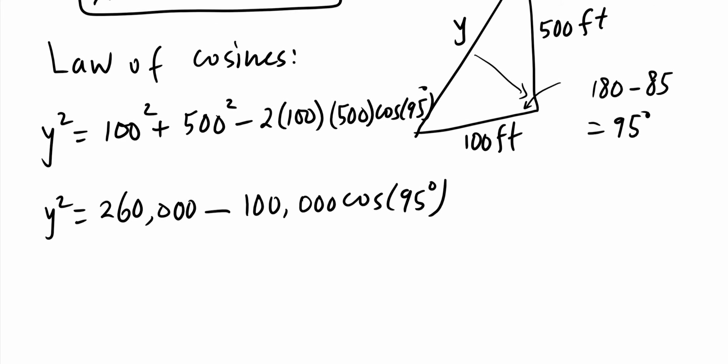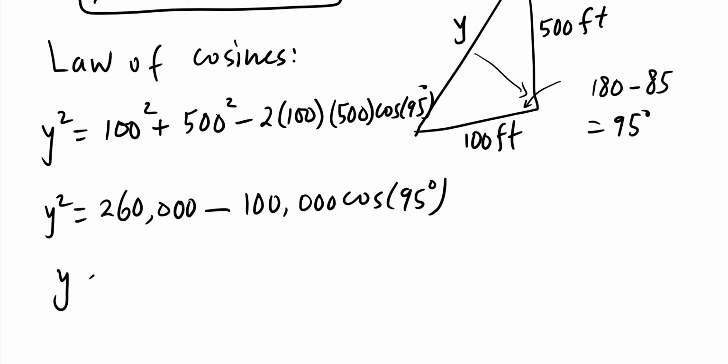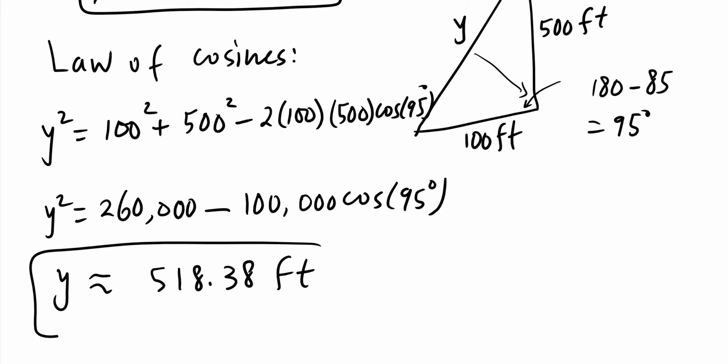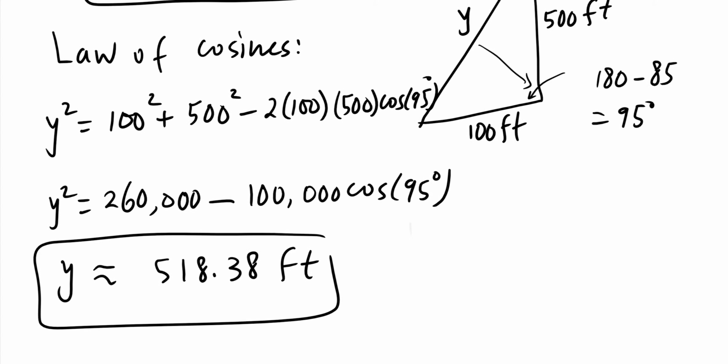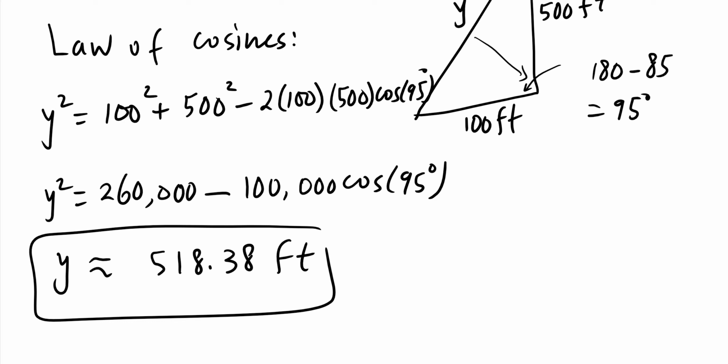And if you do the square root of this, I found Y to be 518.38 feet. Notice they're not the same. Kind of close, but not the same. That's an important one.